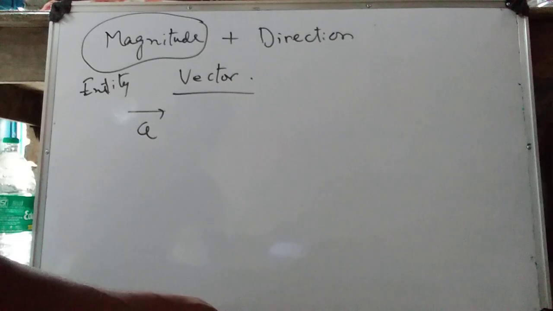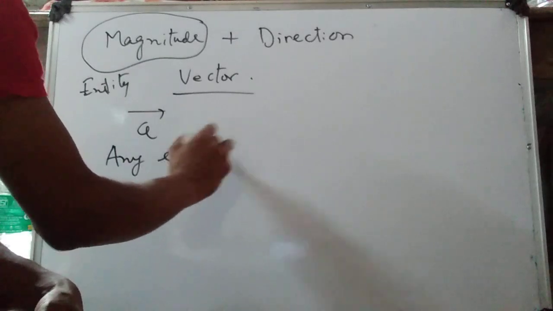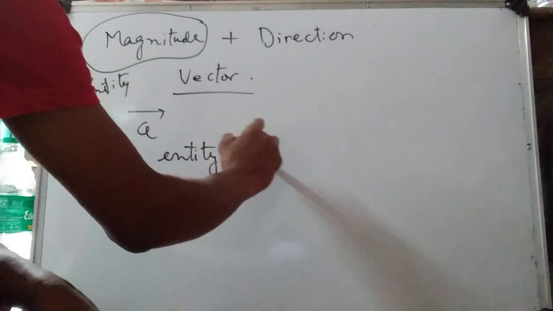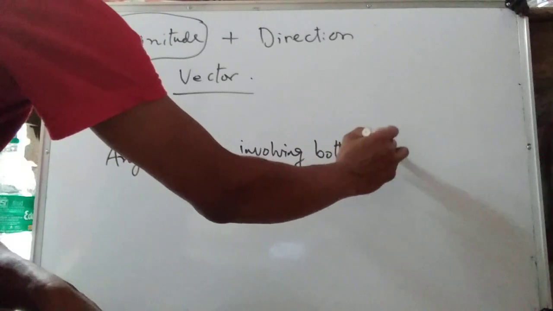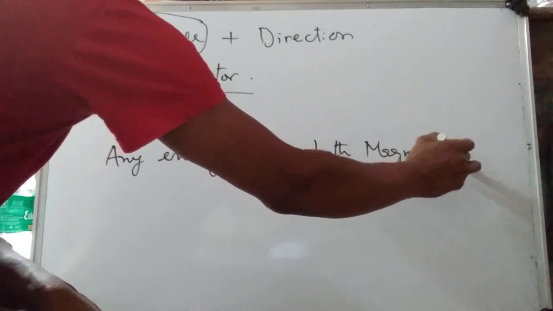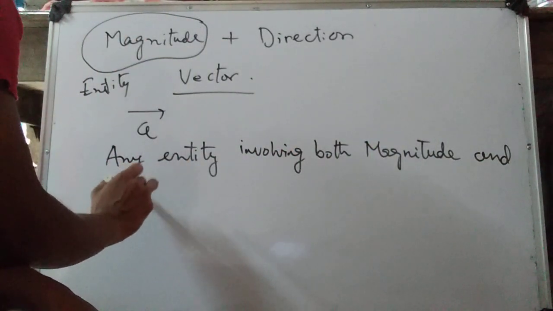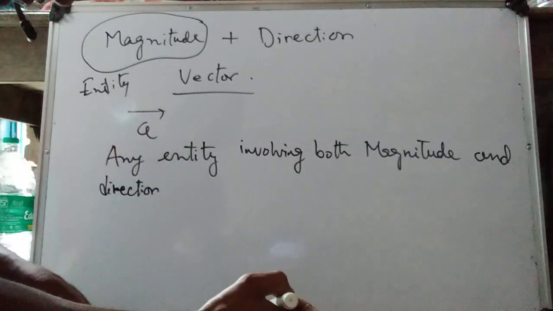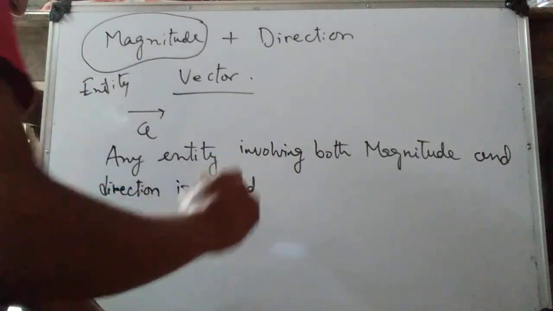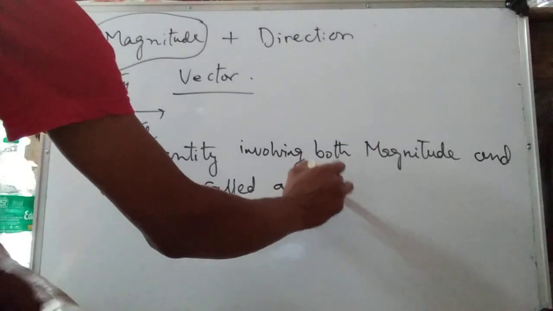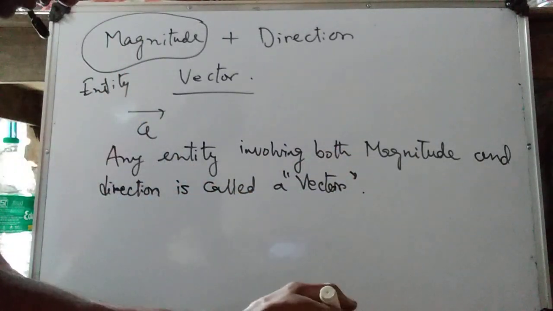So today we write here: any entity involving both magnitude and direction is called a vector.